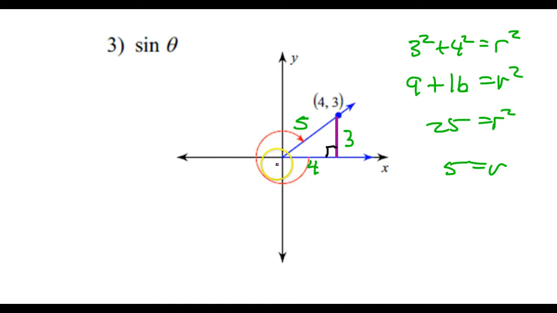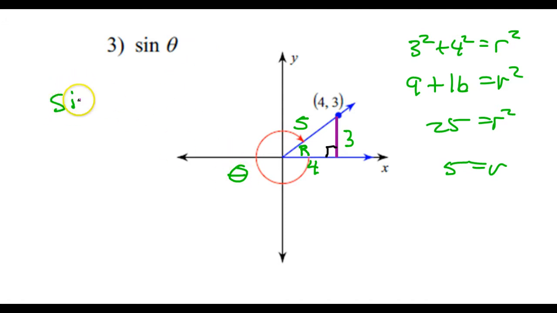Check the signs. This is to the right, positive. This is up, positive. The hypotenuse, the radius here, is always going to be positive. So once we have these values, even though theta is actually this red angle that's shown out here, we can use the reference angle as we're thinking of the sine function, and it'll give us the same value.